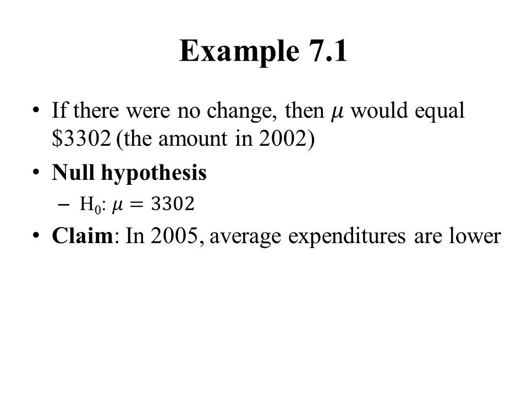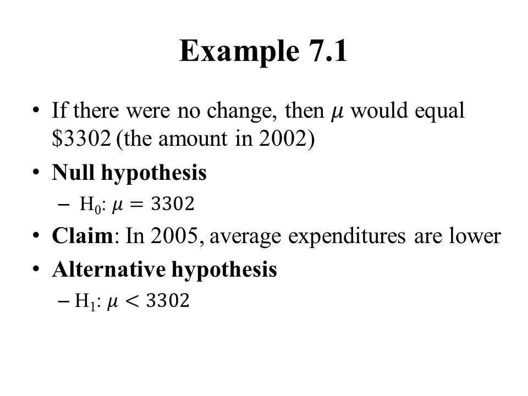Okay. Now the claim is that in 2005 average expenditures are lower than they were in 2002. So our alternative hypothesis, the same as the claim, is that mu is less than 3,302. So we see that we have a left-tailed test or just a generic one-tailed test.